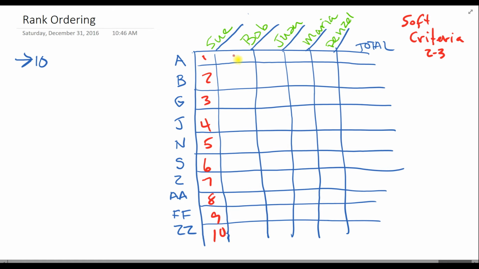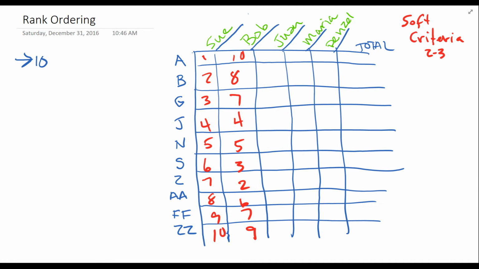And then you'll have any combination of... which one am I missing? 9. Okay, so we'll have any combination, whatever that team member feels. On a separate piece of paper, list how you would rank them against each other.